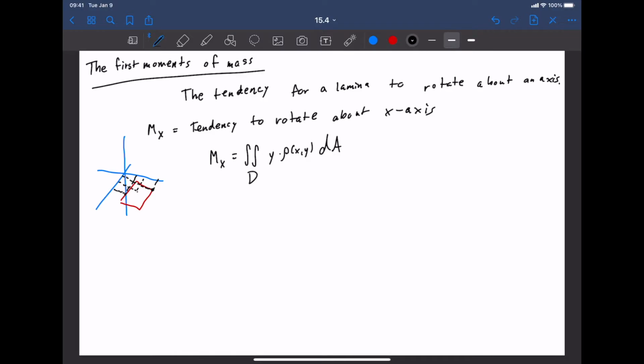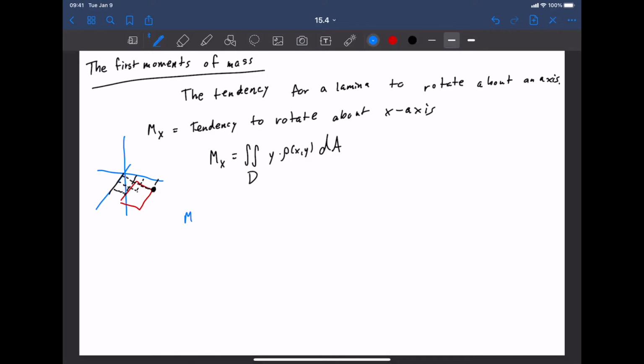That's a good idea of how far we are from the x-axis, and that should make some sense intuitively. If you hold an object further away from your body, let's say the x-axis is our body here, then that's harder to hold up than if you hold it close to your body. Like the mass as we go further out should increase its moment. Whether that makes sense to you or not, that's how balancing works, right? We want to find the right place to balance things. It's going to be our main idea with center of mass.